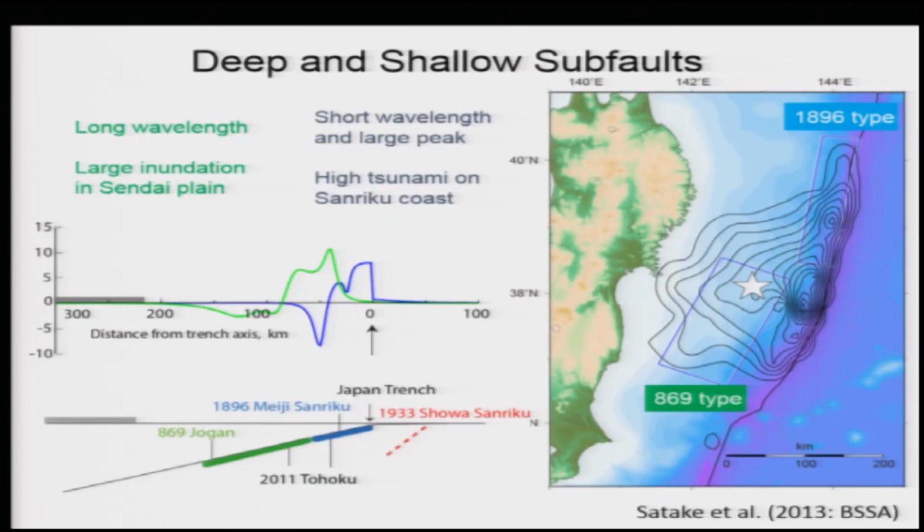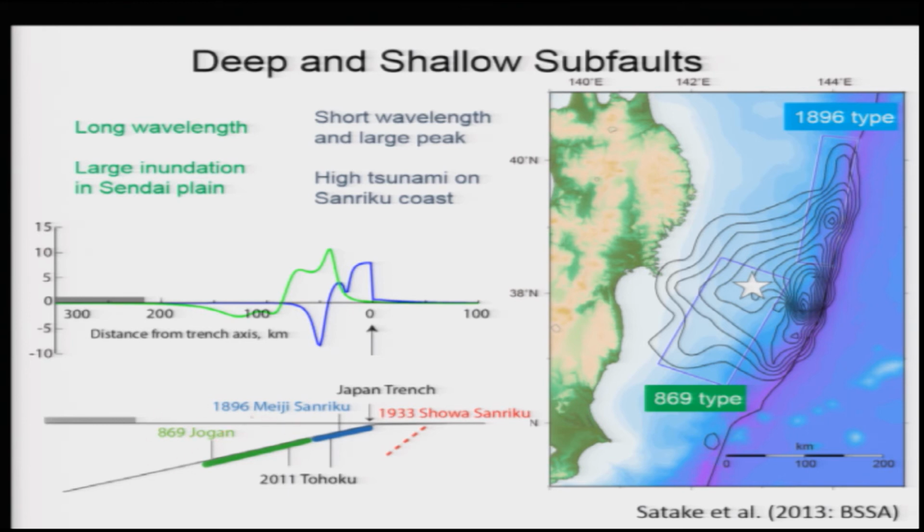So as we were talking about, the land level change will vary, and also the tsunami waves which are generated from the different types of earthquakes will also be different. Okay, like the Jogan and 2011 were very much similar, which resulted in similar land level changes as well as inundation.